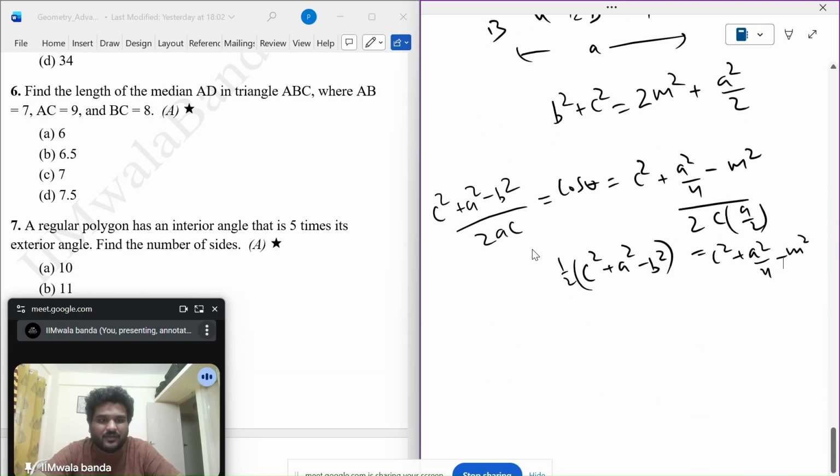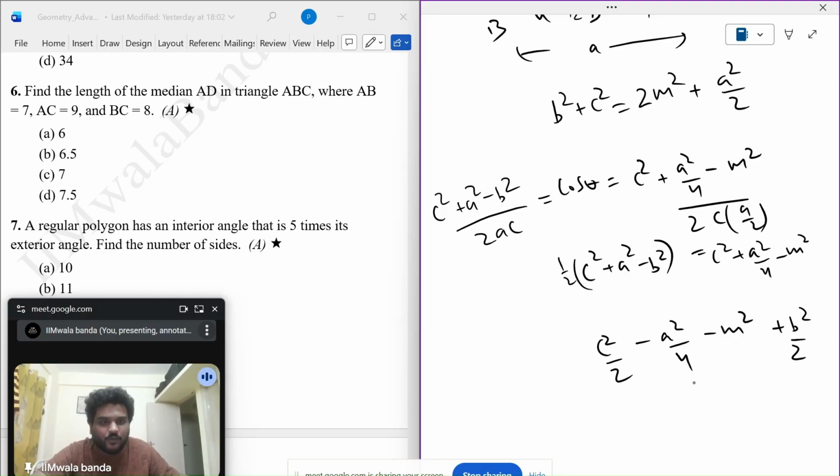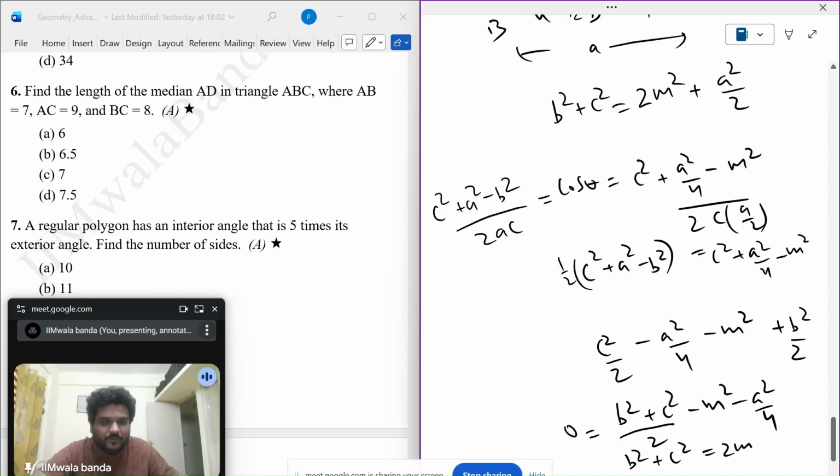So if you just equate the two, c square by 2, if I take it here, a square by 2 in minus, so minus a square by 4 minus m square as it is, and plus b square by 2. So basically it becomes b square plus c square minus m square minus a square by 4 is equal to 0, or b square plus c square is equal to 2m square plus a square by 2.